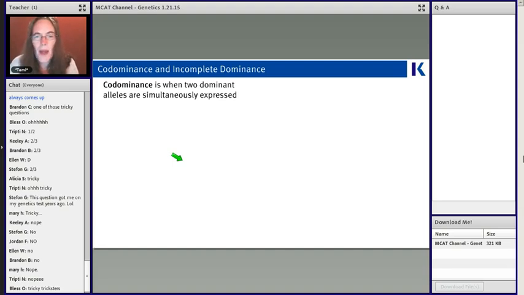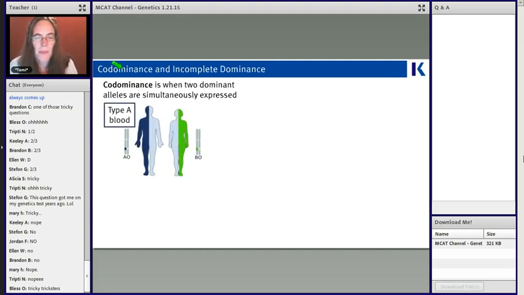The big one, the important one that we see all the time on the MCAT is our blood types. So if dad is A and mom is B, notice that we each gave them one O allele. So dad's A, mom's B. They have a daughter, and our daughter is AB blood. Is the A expressed more than the B?